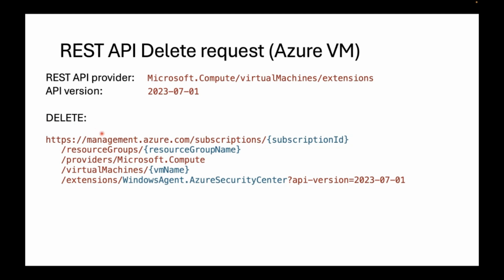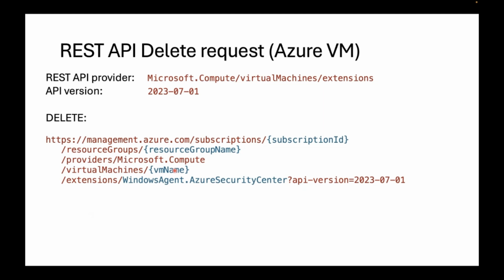And the delete request would go against this URL, which is management.azure.com/subscriptions, including your ID, then your resource group, the provider name, which in this case is Microsoft.Compute, your VM name, and the extension name, which could be, as we said before, Windows Agent or Linux Agent.Azure Security Center, followed by the API version. And if you submit that delete request, it will delete this extension from this individual machine that you enter here.